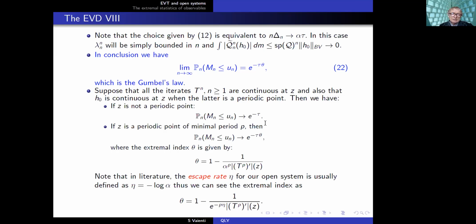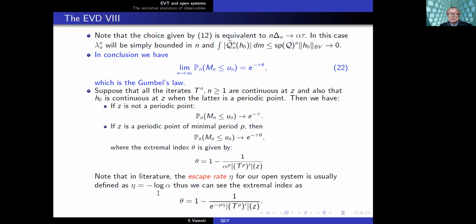If we put the target set around points which are not periodic, usually the extremal index is equal to 1, at least in the deterministic setting. In the random setting it is different, but it's not random now. And instead, if we put the target set around a point which is periodic and still sits on the surviving set, because we have to require it, then this number theta is not anymore 1, but is related to the escape rate alpha.